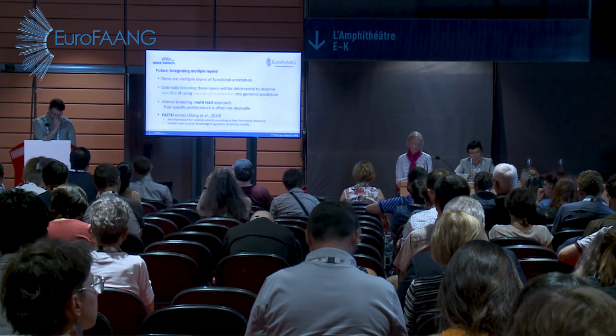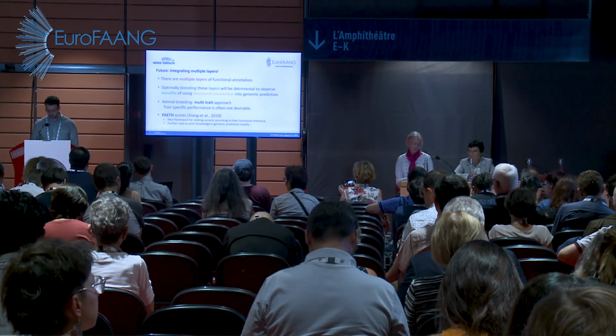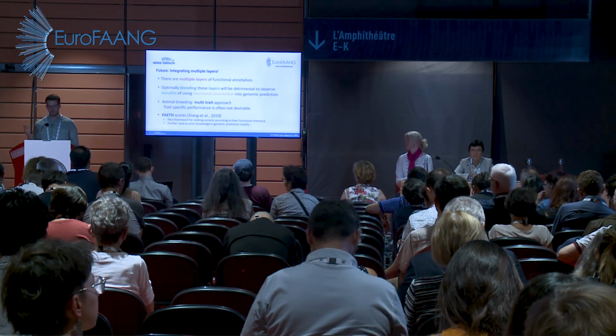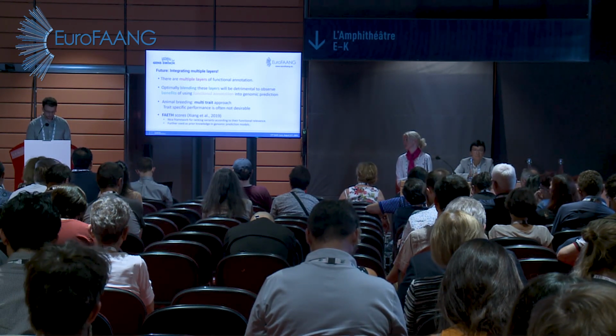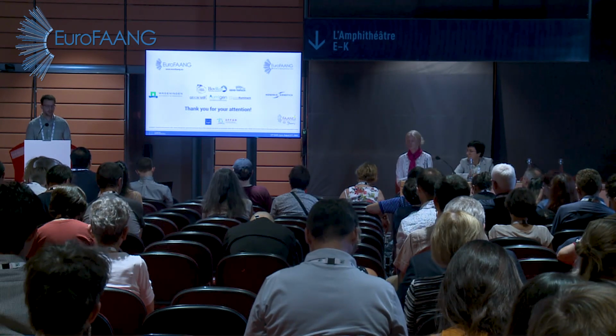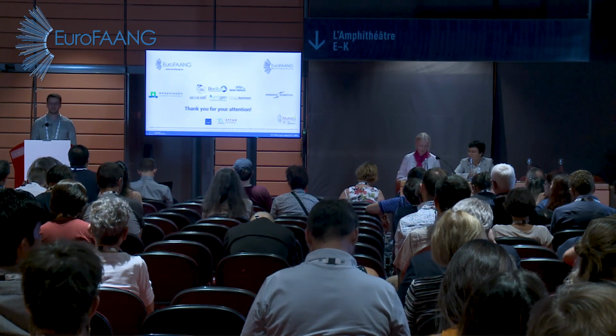And they can be easily further used as prior knowledge in genomic prediction models, either in Bayes-R, Bayesian models, or GBLUP. Yep. With that, I'd like to thank other partners and open for questions.